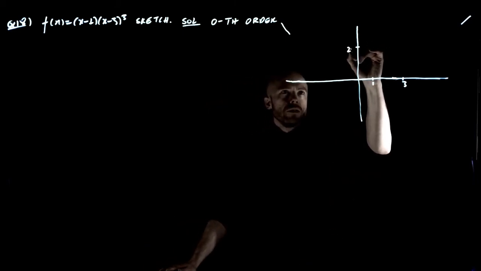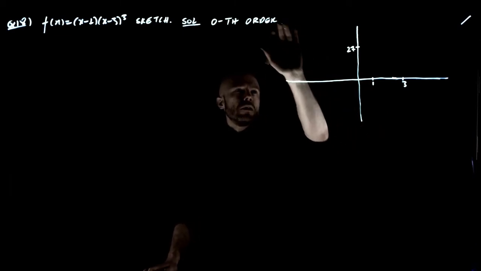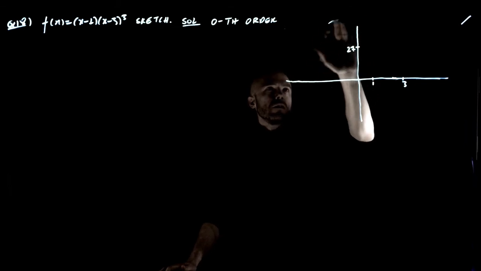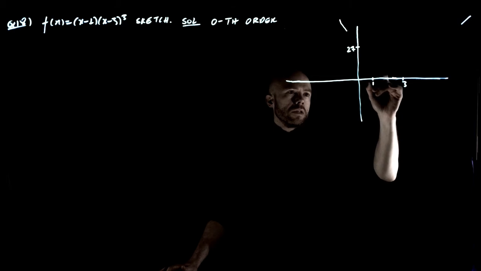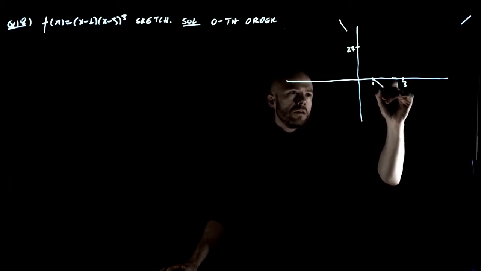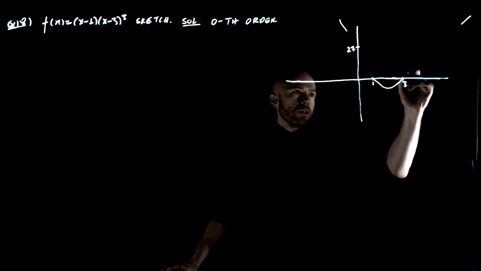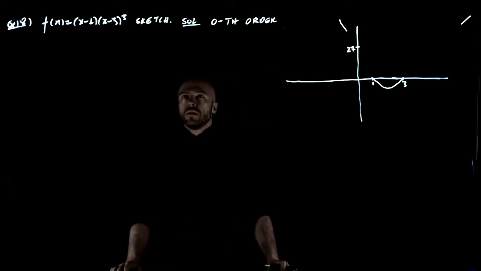It's not to scale, but it should be crossing around here. It's coming in something like this, crossing here, and crossing here, and then somehow it's going up again. Okay, these are our rough features.